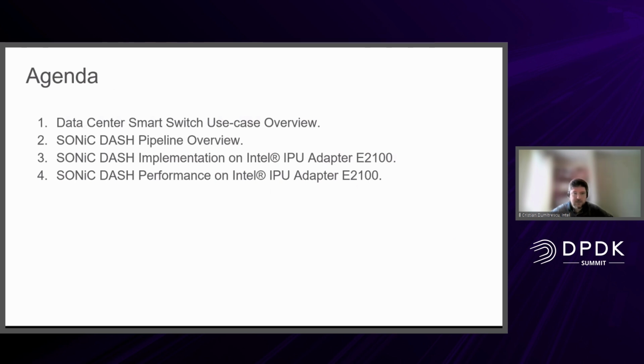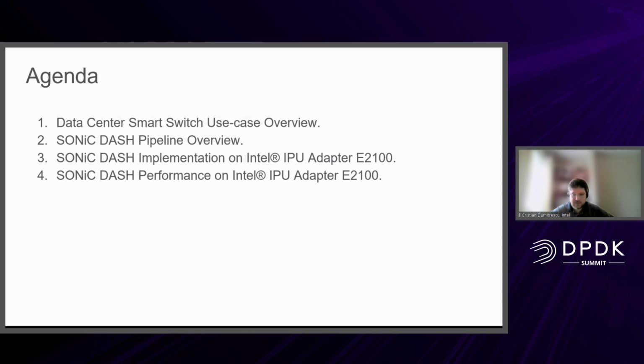And then we'll look at how we implement this complex pipeline on the Intel IPUs. More specifically, we have an Intel IPU adapter E2100 that we used for this exercise. And then we also take a quick look at the performance of this pipeline running on this IPU device.